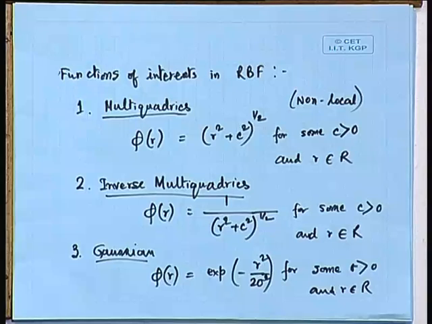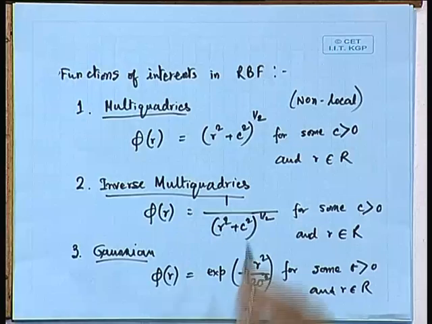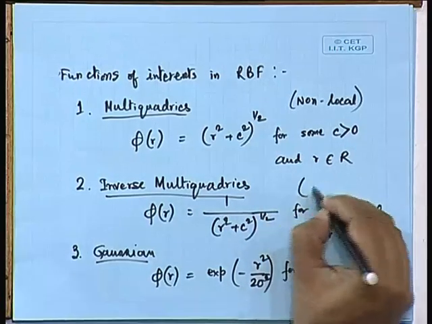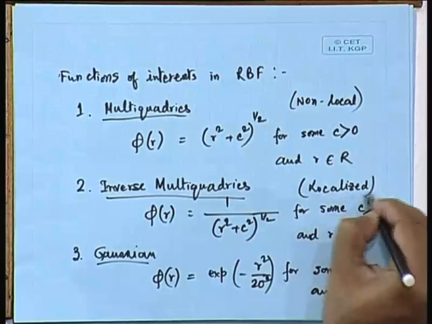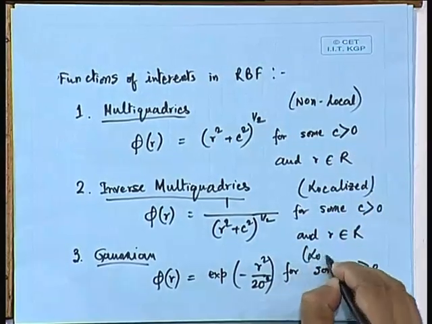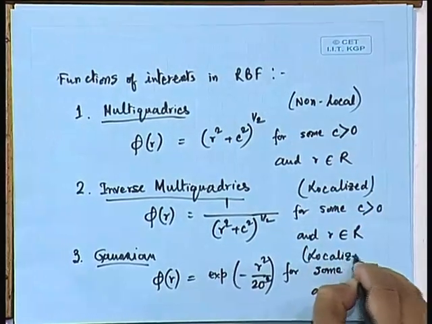We have a very small quantity, normally c is not chosen to be very high. So, you can then have phi(r) tending to 0. So, this is more a localized function, and even the Gaussian is also a localized function.